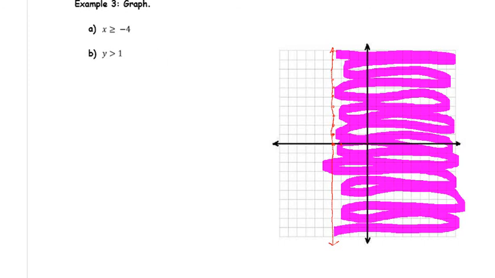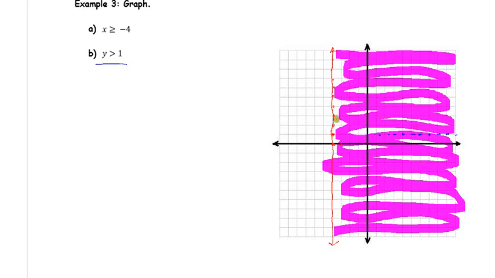I'm going to flip to blue here. And then I'm going to graph y is greater than 1. I know it's going to be a dotted line because the inequality doesn't have the equals to component. So I want any line that is greater than the line y is equal to 1. So here's y is equal to 1. All the y values on this line are equal to 1.